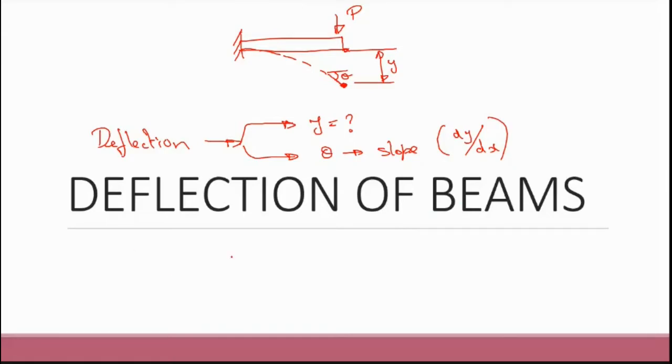Usually we use this approach: M by I is equal to E by R is equal to sigma by y.